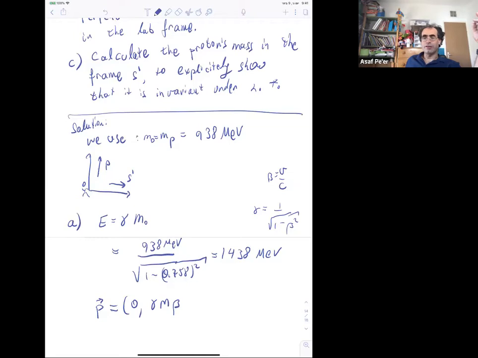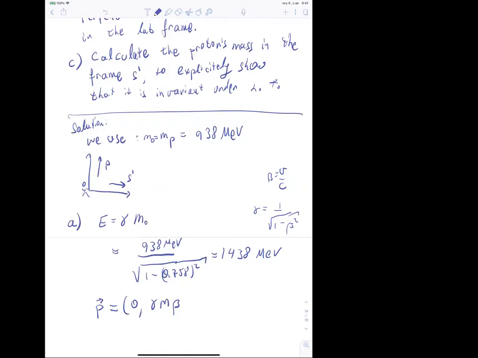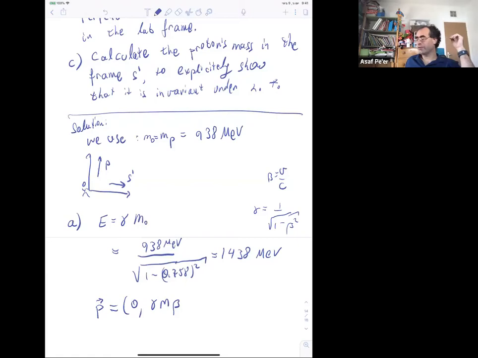What is the momentum in the z direction? Zero, aren't we assuming the proton is moving in the y direction? So it is zero.